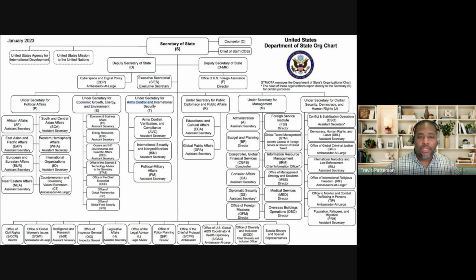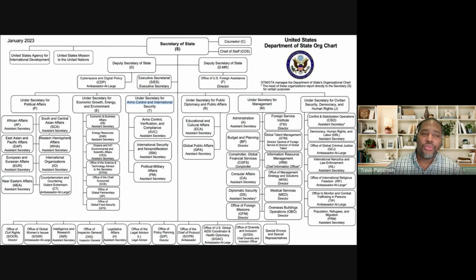I haven't necessarily seen this as a part of the cone, but arms control and international security, public affairs, diplomacy specifically, management, which is my cone that I'm preparing for, and the security, civilian security, human rights, and democracy.